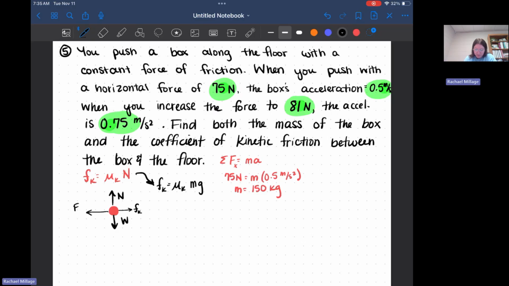We know for both of these, our force of friction, or our kinetic friction, is going to stay the same, because our normal force is going to stay the same, because the mass of the box is not changing, right?